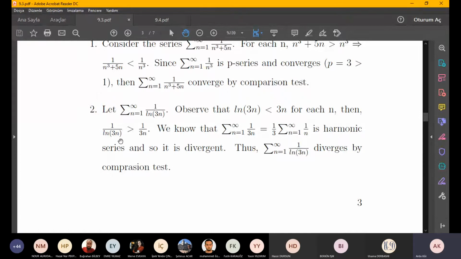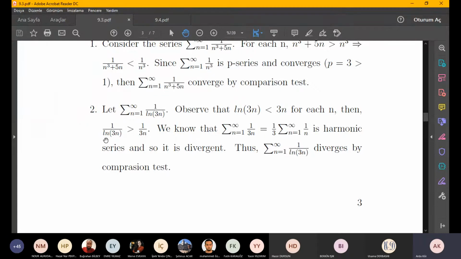So when you have that comparison between the general terms of the series we are trying to find out about, whether it is convergent or divergent, and 1 over 3n, if the smaller one is divergent, by the comparison test you can directly say the series with general term 1 over ln 3n also diverges.